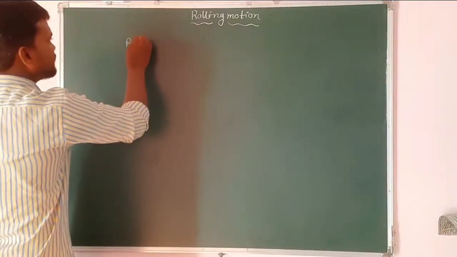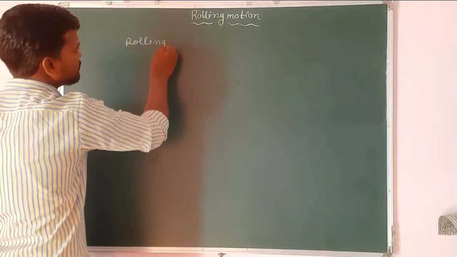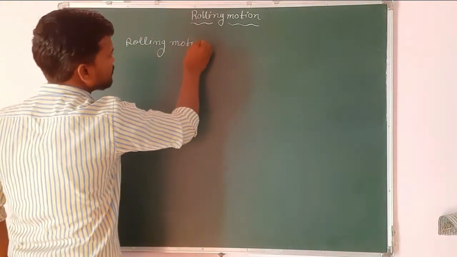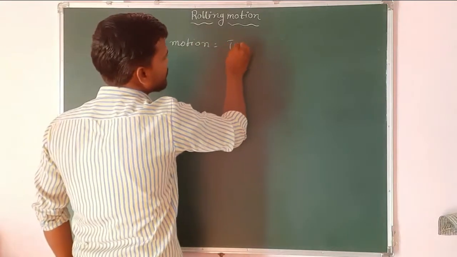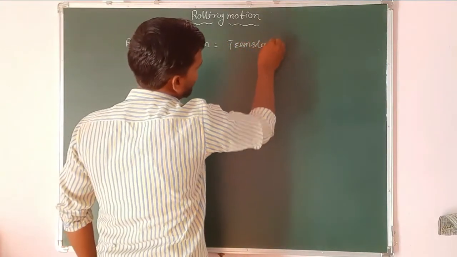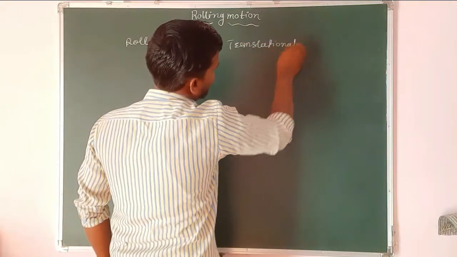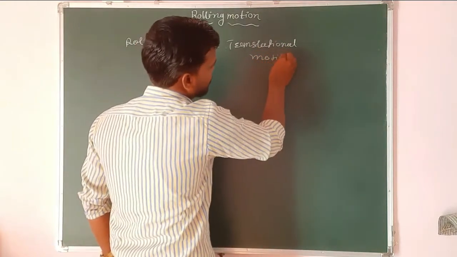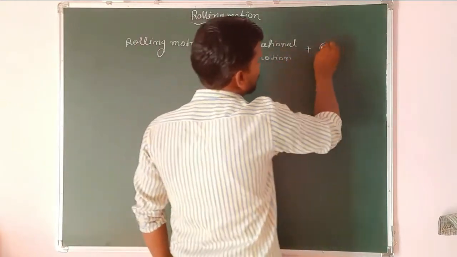We know that rolling motion is the combination of translational motion and rotational motion.